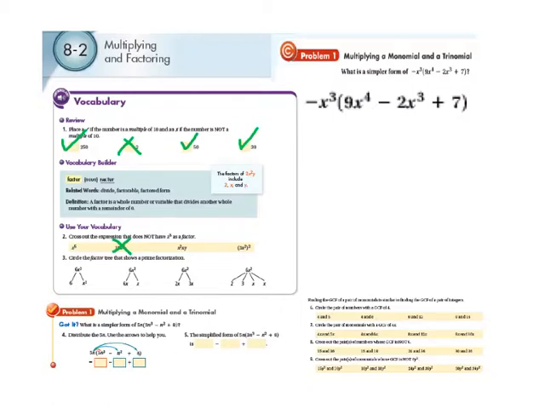Alright, x to the fifth can be divided by x to the third, because x to the fifth divided by x to the third would be x to the 5 minus 3, which is x to the second power. So we know that x to the fifth can be evenly divided by x to the third. This term right here, it looks like x is only to the second power, but look at the x that comes after that.